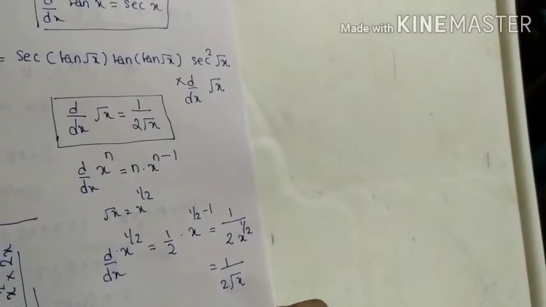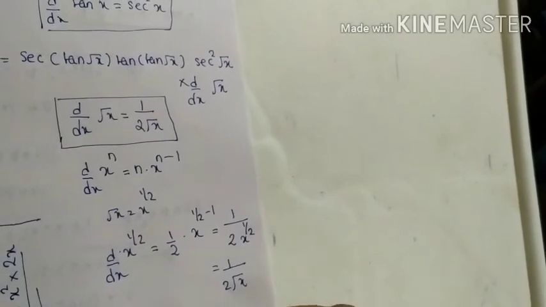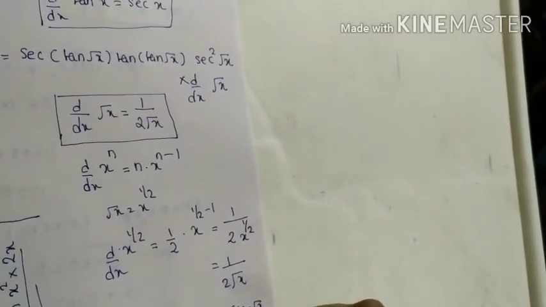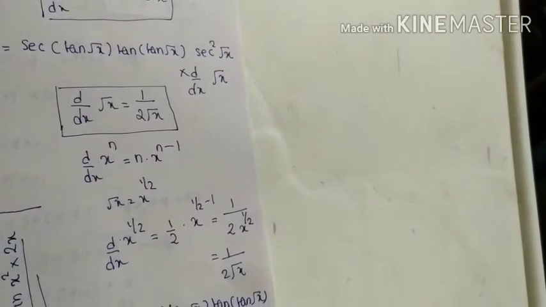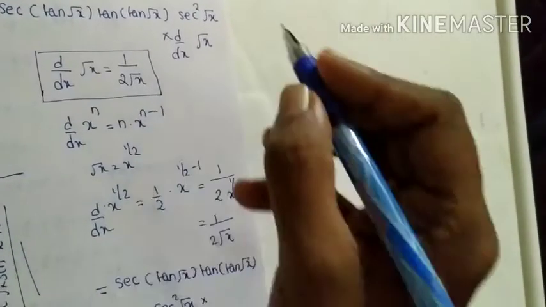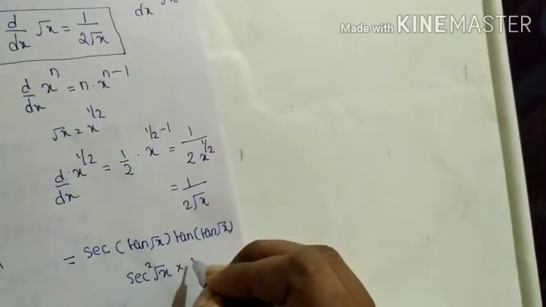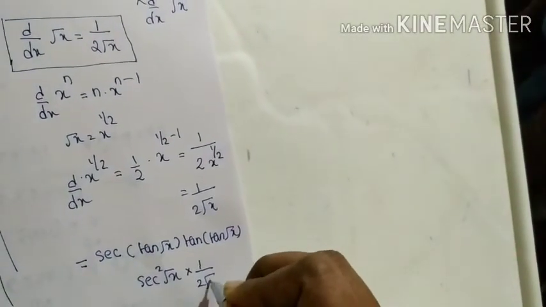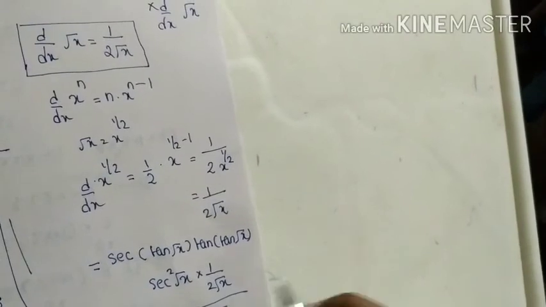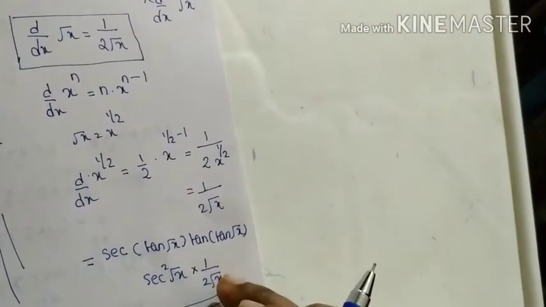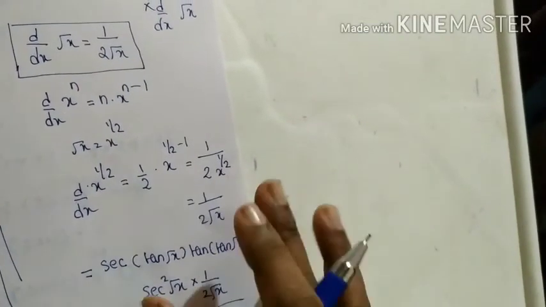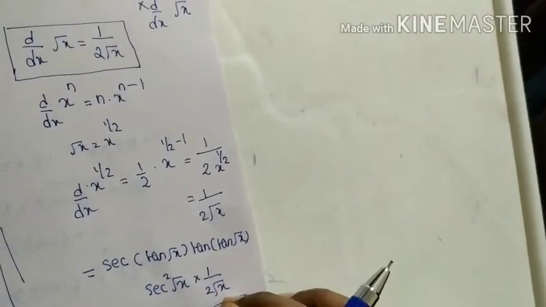Sec of tan root x into tan of tan root x into sec square root x into derivative of root x will be replaced by 1 by 2 root x. So write 1 by 2 root x here. This will be our final answer. I hope you understood. So don't forget to write the first and second terms.